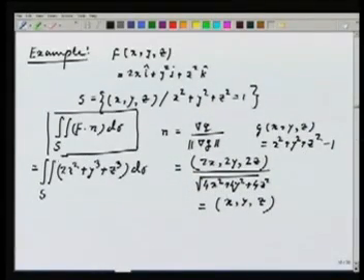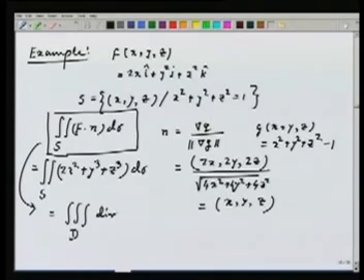So if I apply the divergence theorem, this is going to be equal to the integral over the solid sphere, which I call D, of divergence f dV, the volume integral, that is the triple integral. Now what is divergence of f?